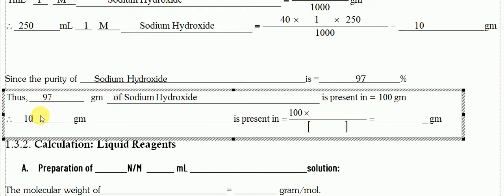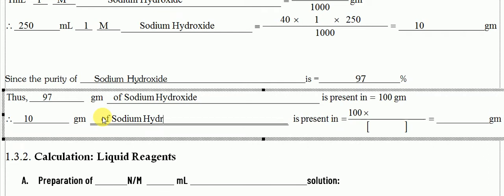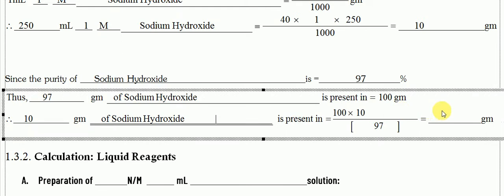So 10 gram of sodium hydroxide is present in 10 in the numerator, 97 in the denominator, and the weight is 10.30 something.